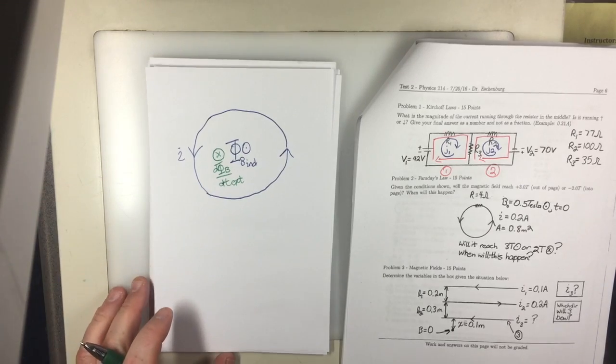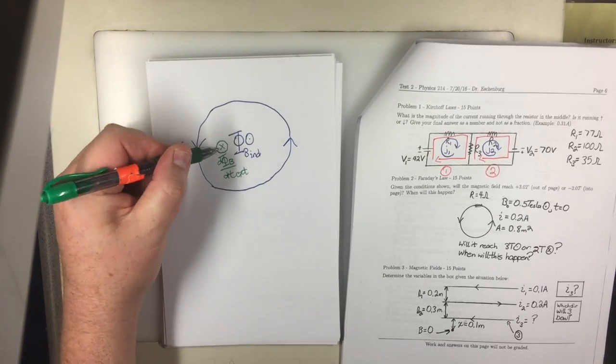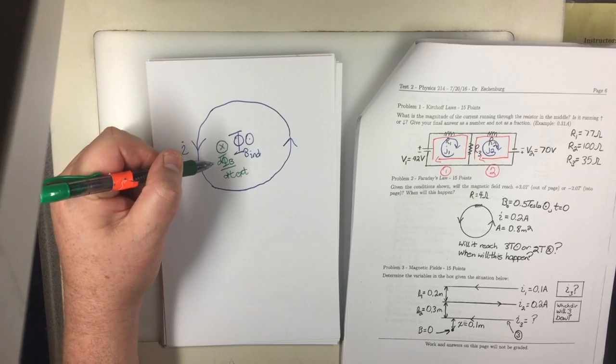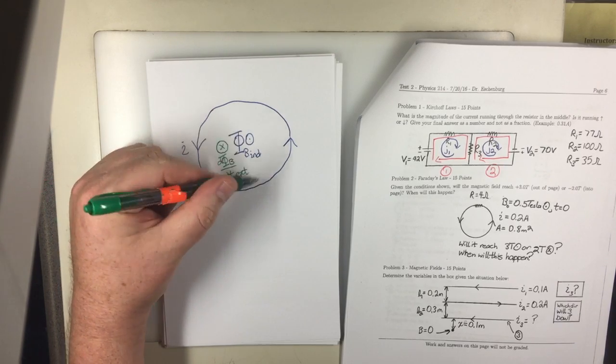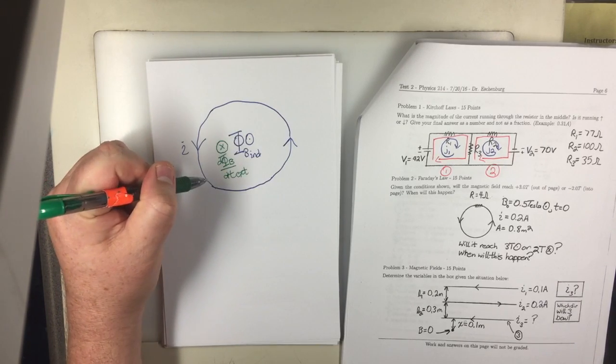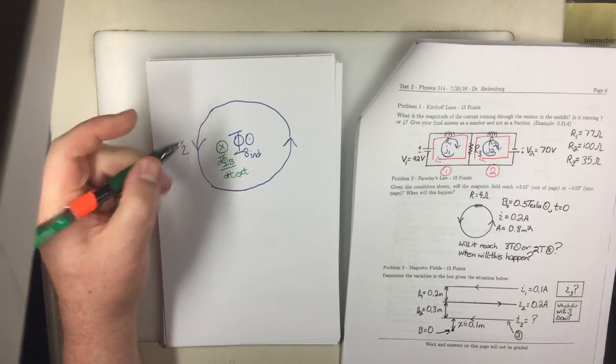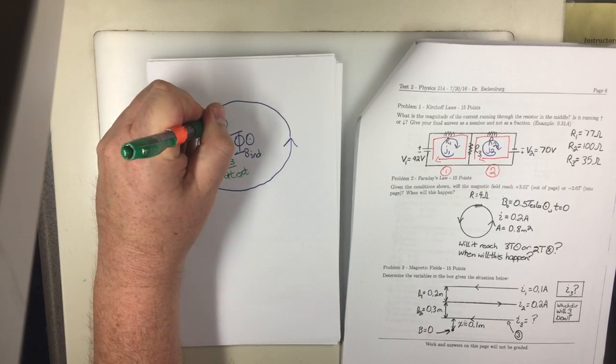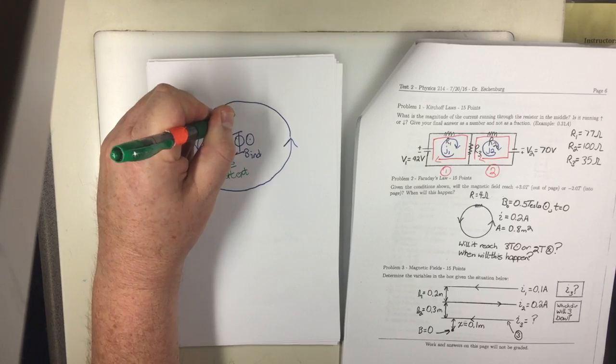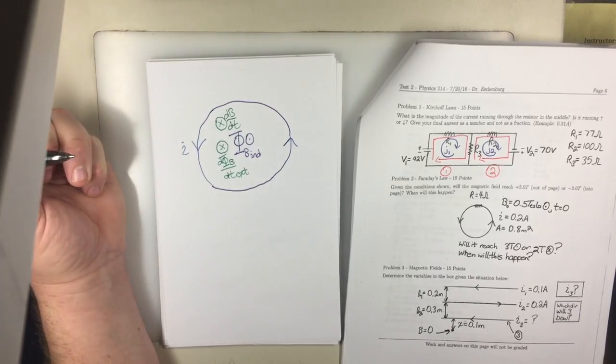So because they're opposite, the only thing that can produce a change in magnetic flux with a fixed area is a changing B field, which means that dB/dt has to be into the page as well.